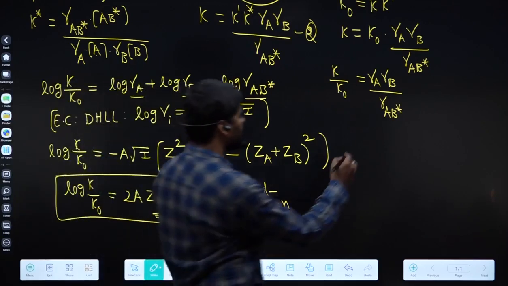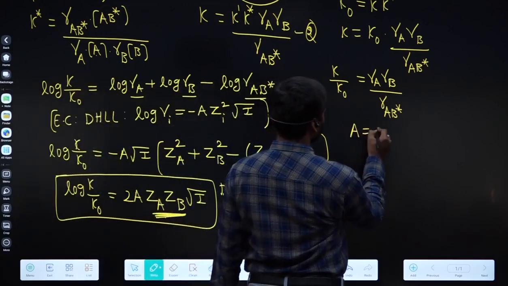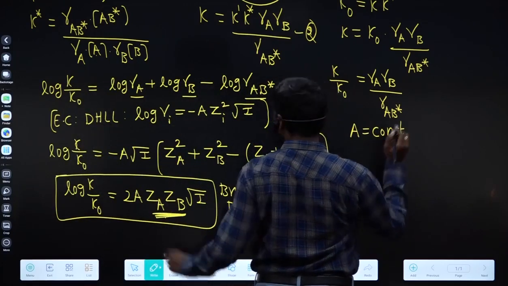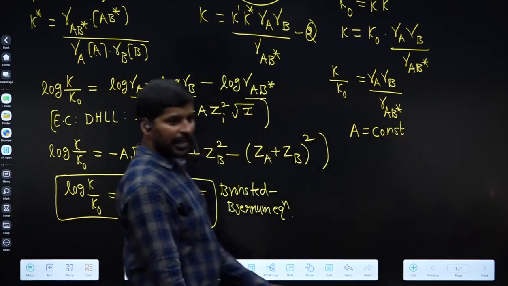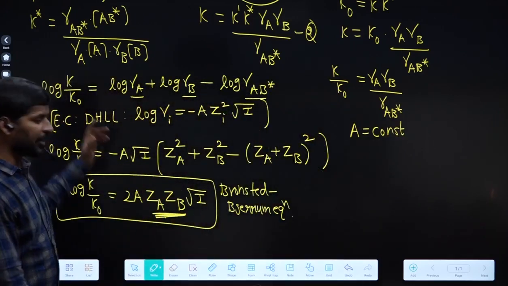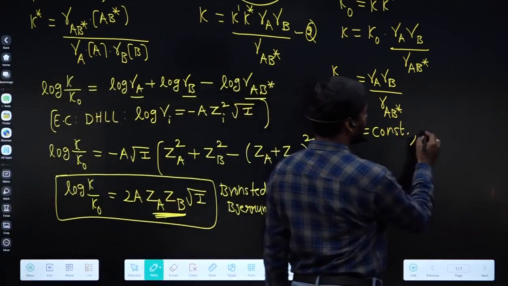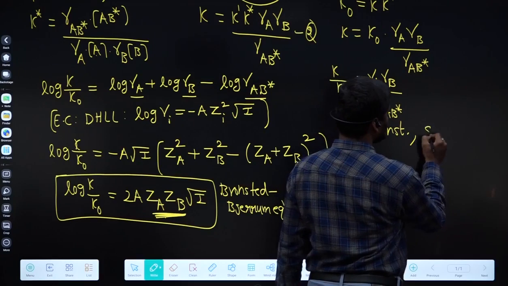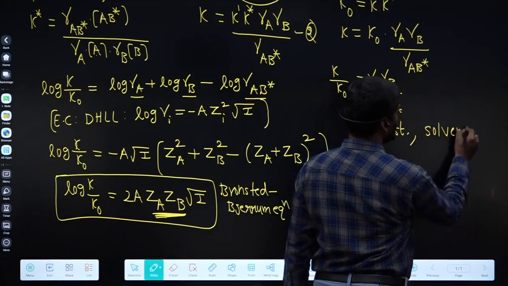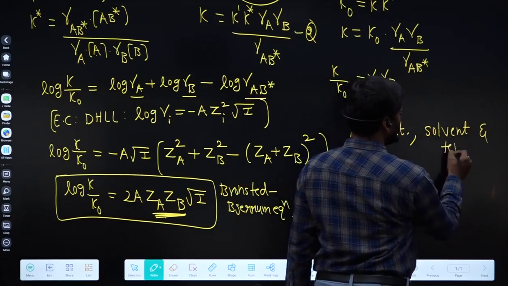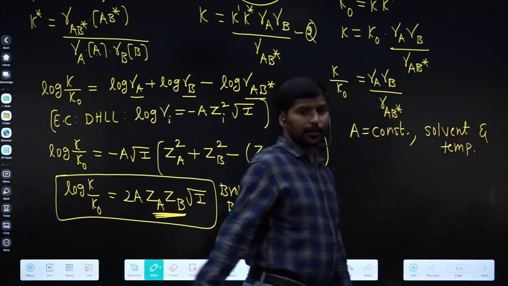A is a constant that we get during the derivation of the Debye-Hückel limiting law. It depends on the nature of the solvent and temperature.